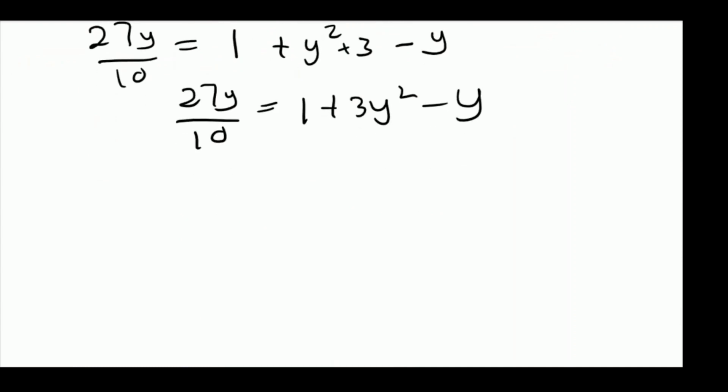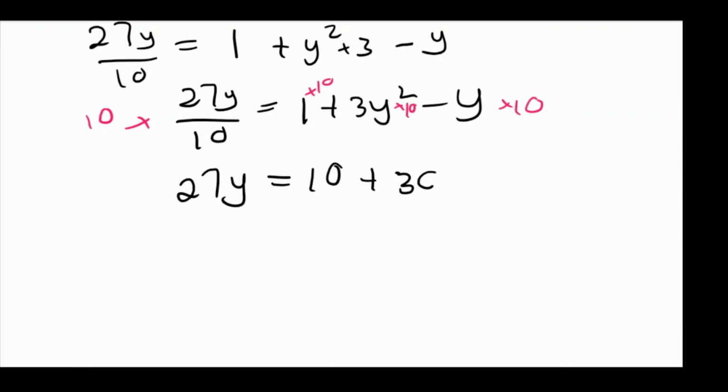And then we multiply by the 10. So we remove the denominator at the bottom, multiply by 10 on all sides. You're going to have 27y equals 10 plus 30y squared minus 30y.